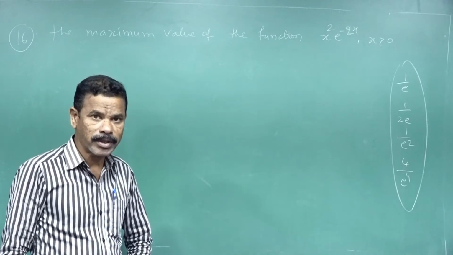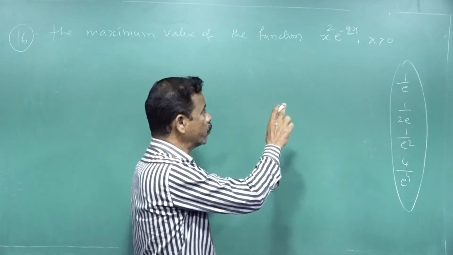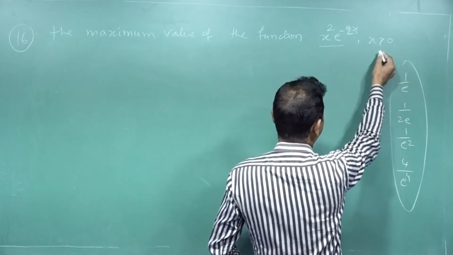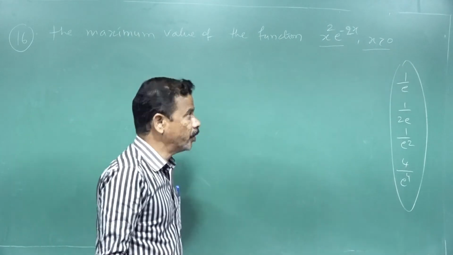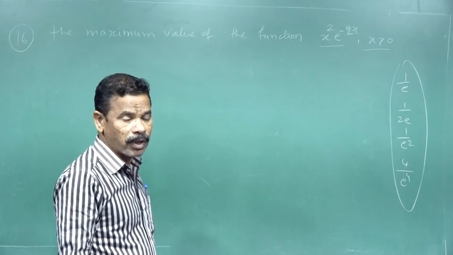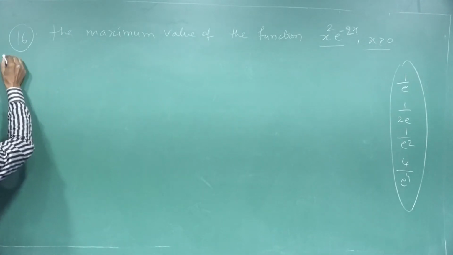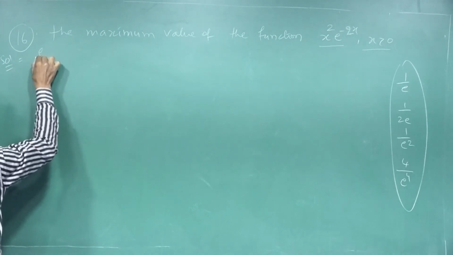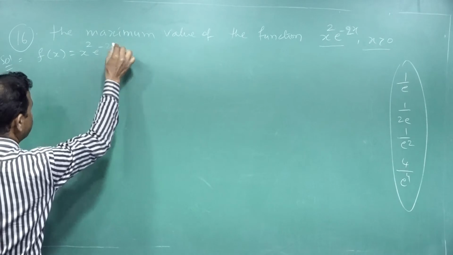Second, question number 16. The maximum value of the function x square e power of minus 2x, and x greater than 0, x not negative. So x positive, not 0 also, above 0. So given function f of x is equal to x square e power of minus 2x.